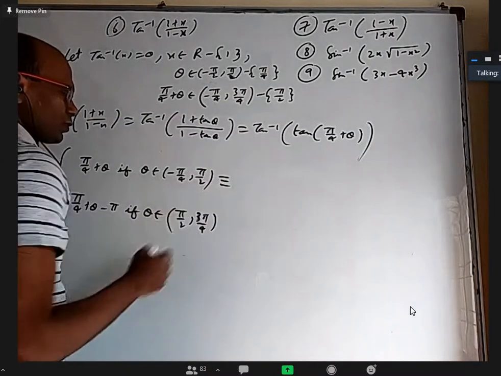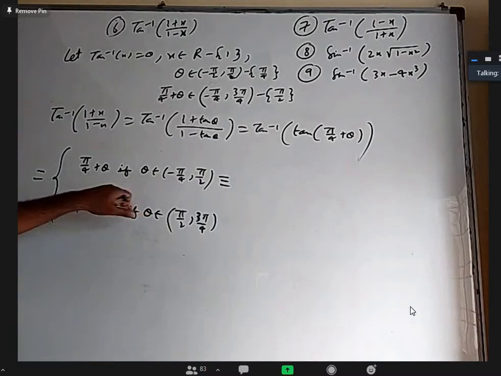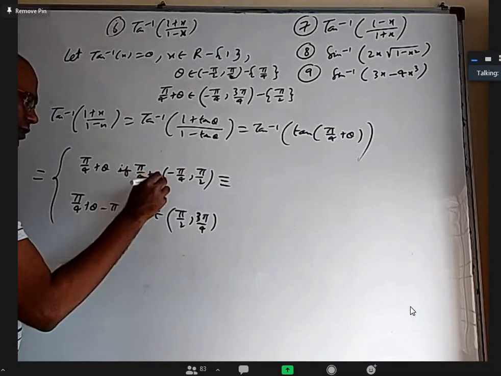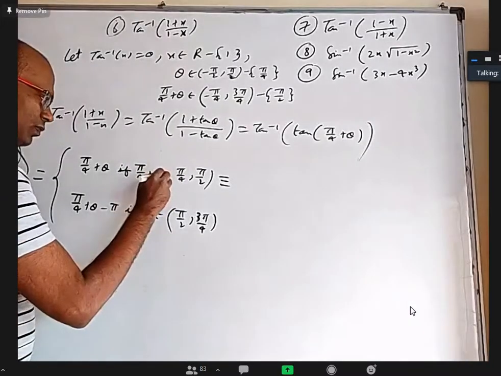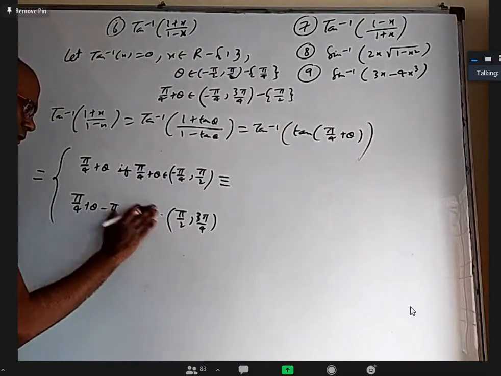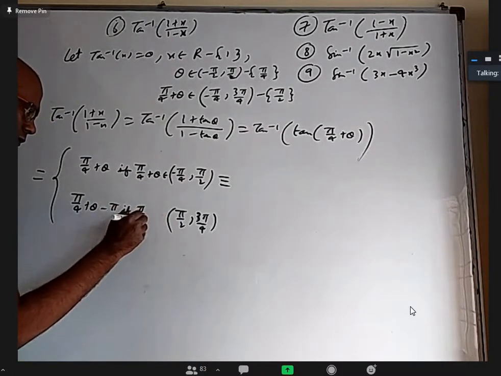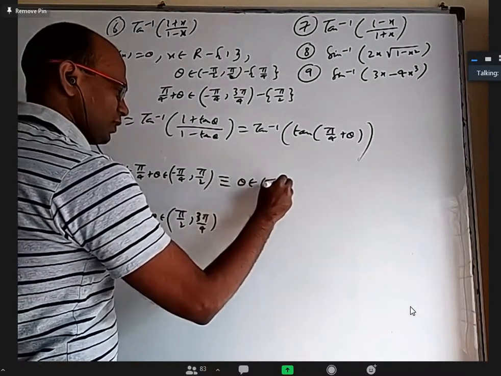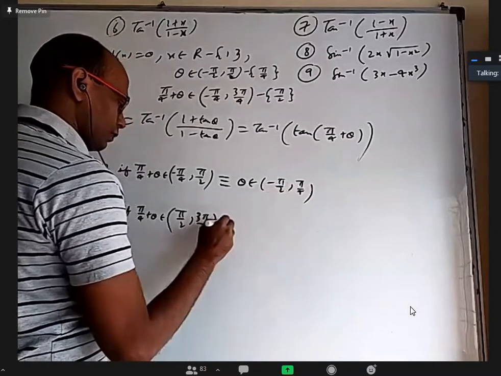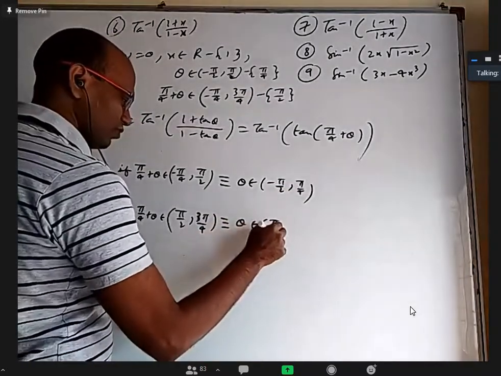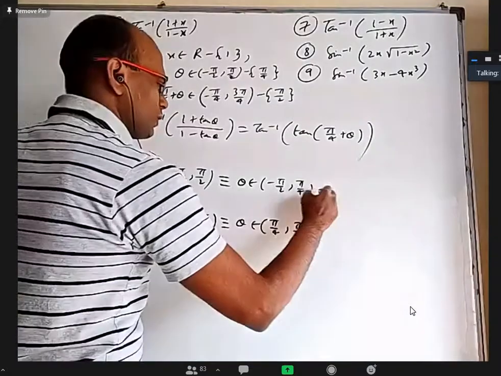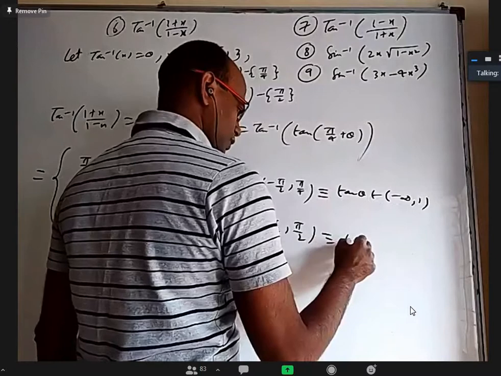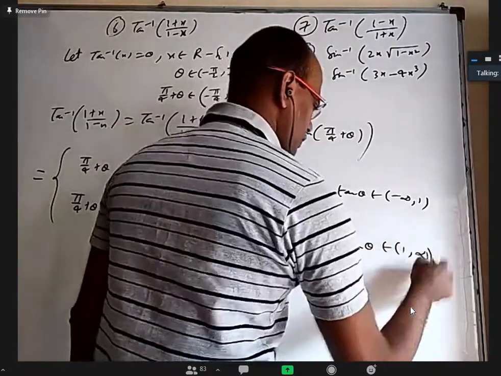Here it should be pi by 4 plus theta belonging to this. And the corresponding theta will be minus pi by 2 to pi by 4. The corresponding theta is pi by 4 to pi by 2. And the corresponding tan theta is minus infinity to 1. The corresponding tan theta is 1 to infinity.